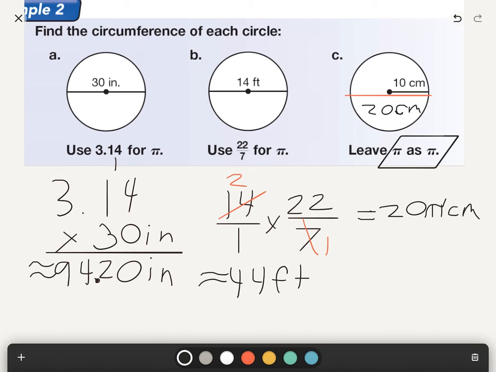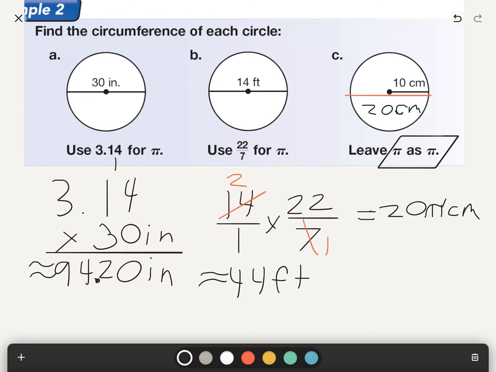Like if you want to leave pi as pi, you just do 20 times pi equals whatever unit. Yes, but it's going to be really specific. If they aren't telling you to do that, definitely don't do that because you will definitely get it wrong on any test because they'll think that you're just messing with them.